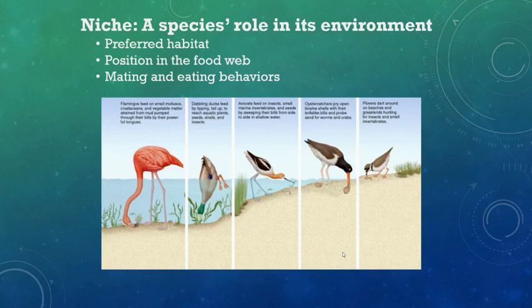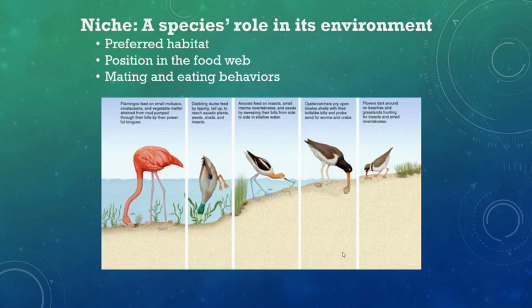We're going to use the word niche to describe a species' role in its environment. This niche includes a species' preferred habitat, its position in the food web, and its mating and eating behaviors.